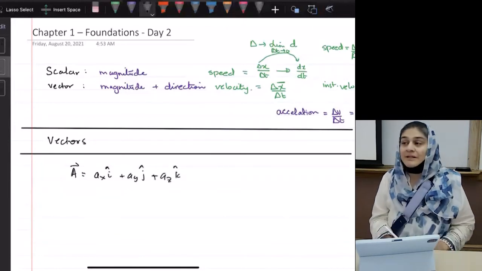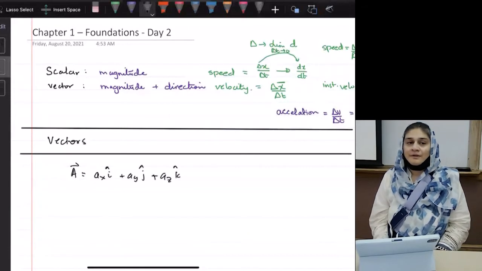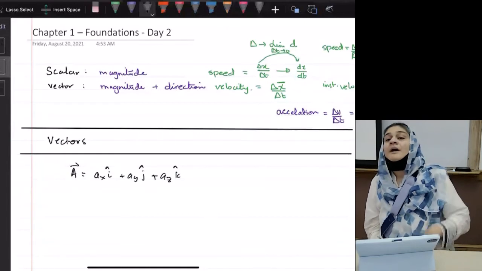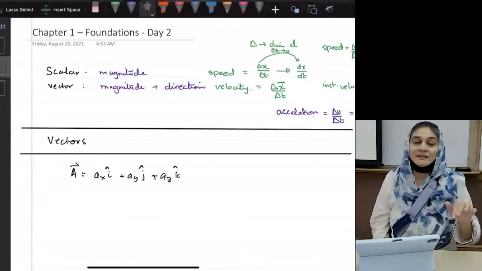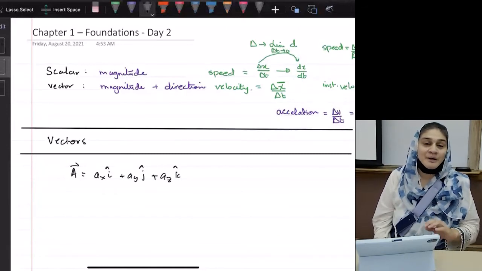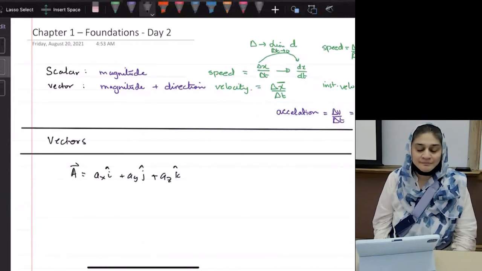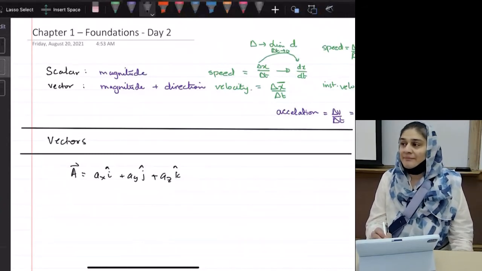Does your vector look like this? Although I put numbers for the A. Remember this is Newtonian classical mechanics, very few numbers. Only when I tell you numbers are we going to put numbers. Use variables. What are i, j, k?